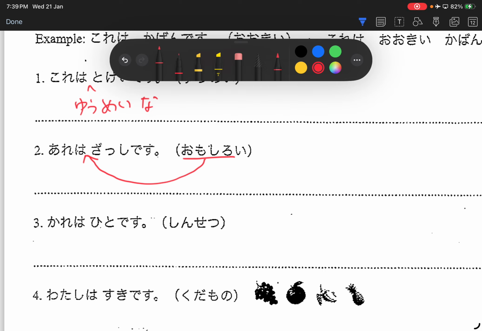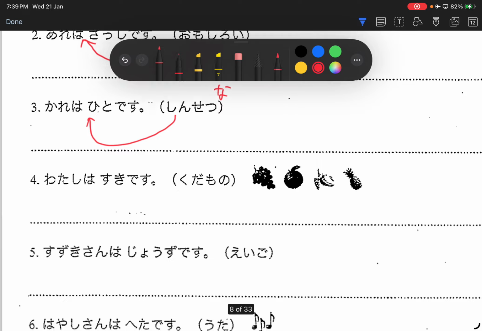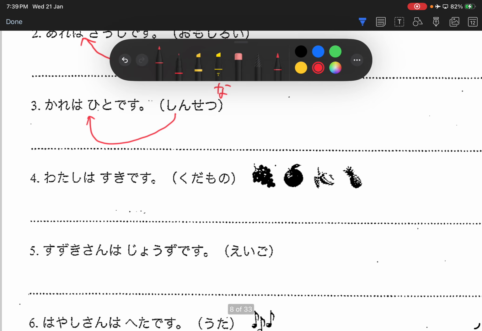Okay, number 3. 彼は人です。Bracket 親切. Very good. 親切 is a na adjective, so we have to put the na. 親切な人です。Number 4. 私は好きです。果物。私は好き果物です。好き is an E adjective or na adjective?